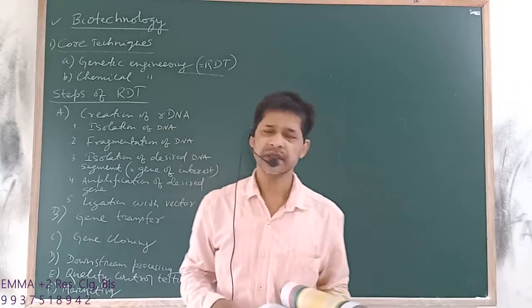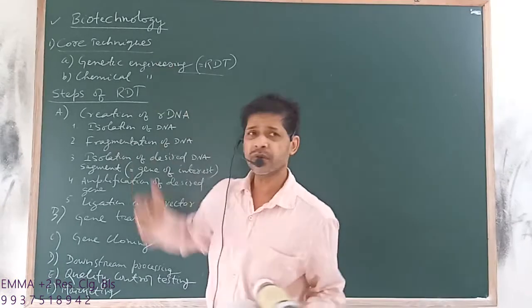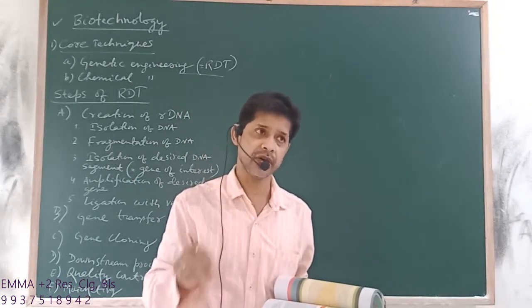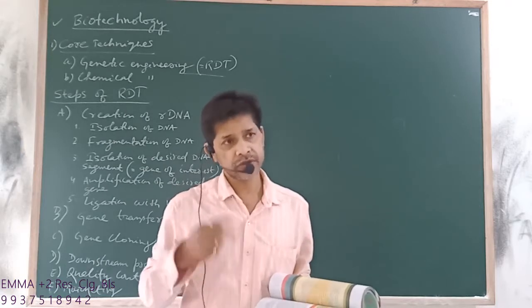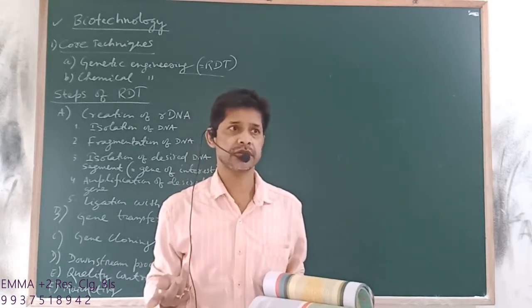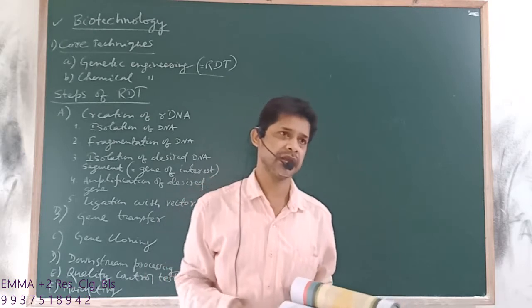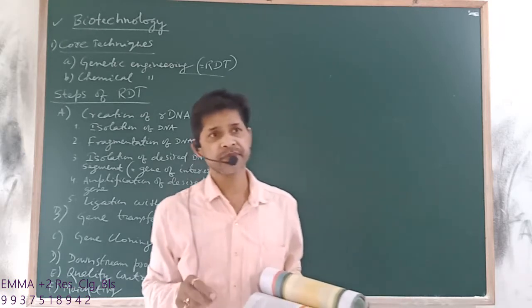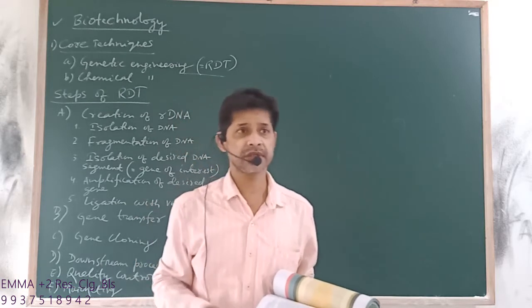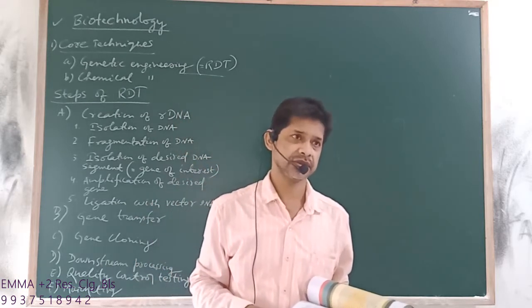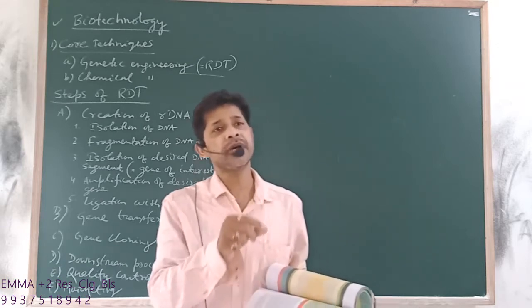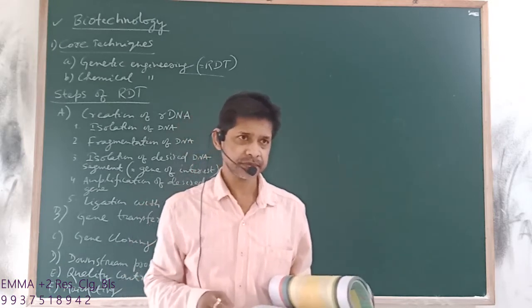Technology means scientific application of scientific knowledge so that we can produce products for human welfare. Utilizing scientific knowledge to prepare a new product, that is technology. So what is the role of biology in technology?